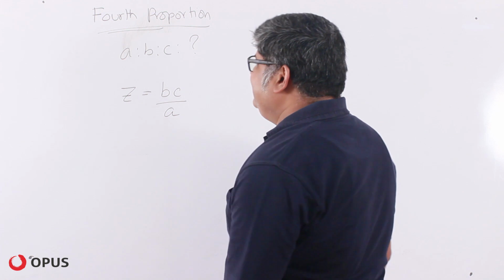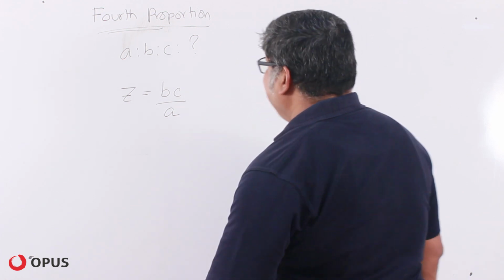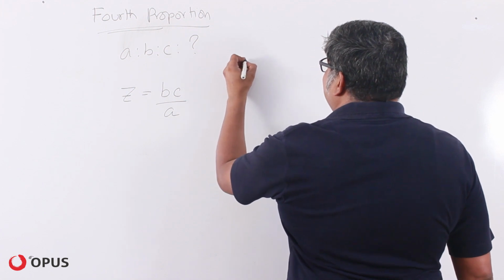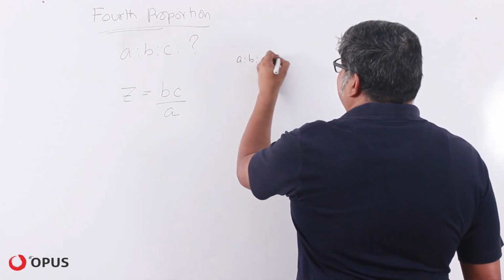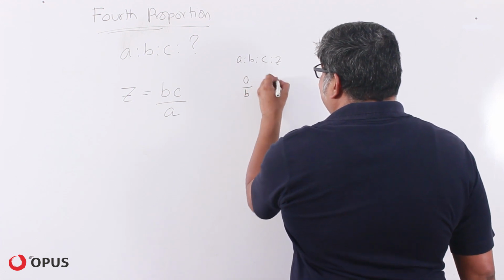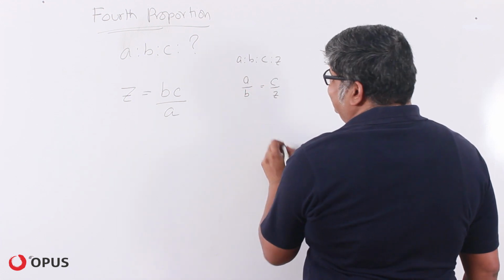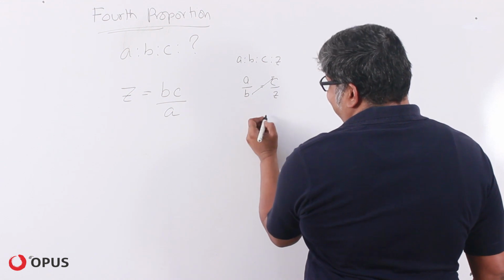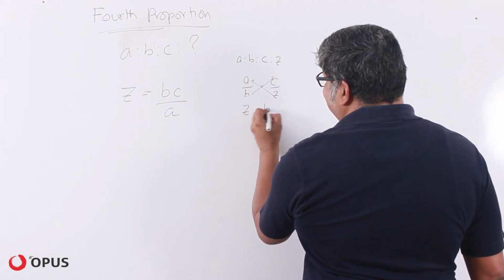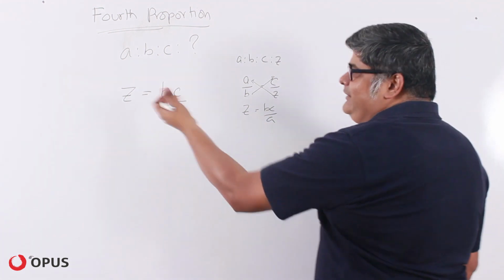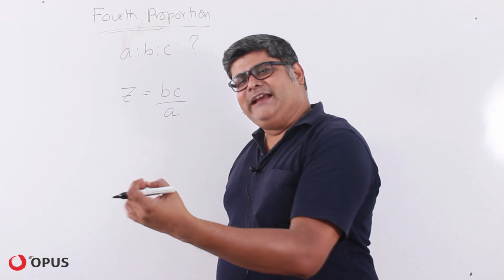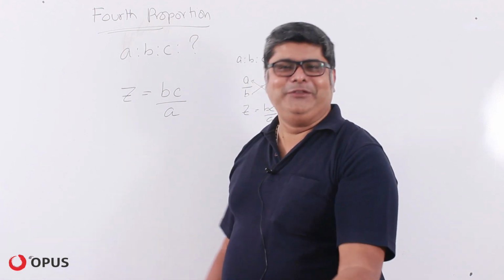Basically, if we have something in continuity, like a is to b is to c is to z, since we are taking z as the fourth proportion, a by b is equal to c by z. Now if I take z over here, z is equal to nothing but bc by a. Everything is derivable, and in fact if you follow the rules, there's nothing to remember, you can derive it on the spot.